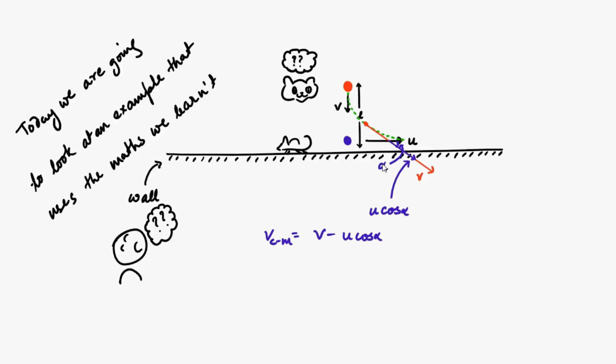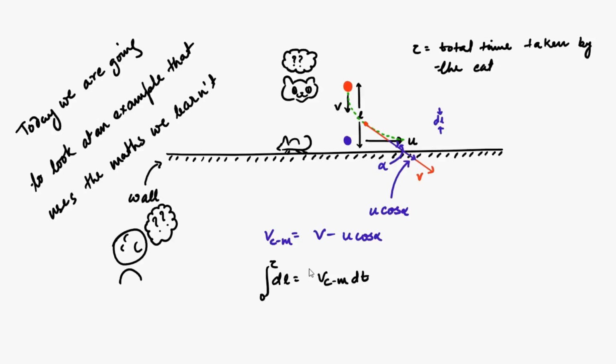So, if we multiply this instantaneous relative velocity with the instant of time which we are talking about, we will get the instantaneous displacement. And if we integrate it from the starting time to the end time, we will get the value of the initial distance between the cat and the mouse.